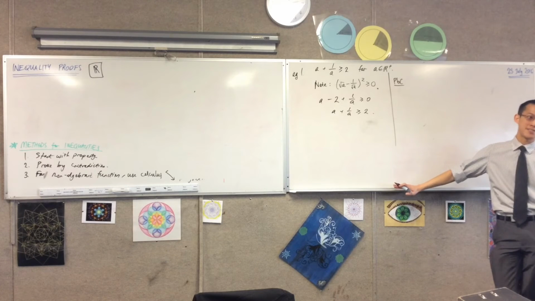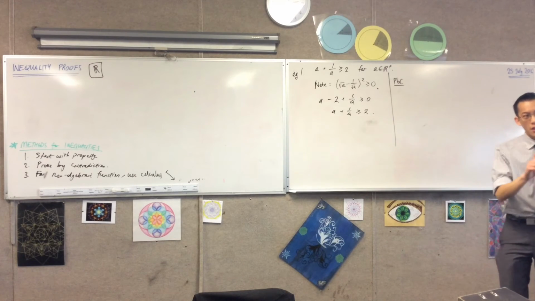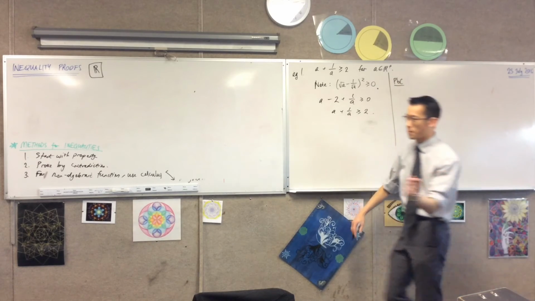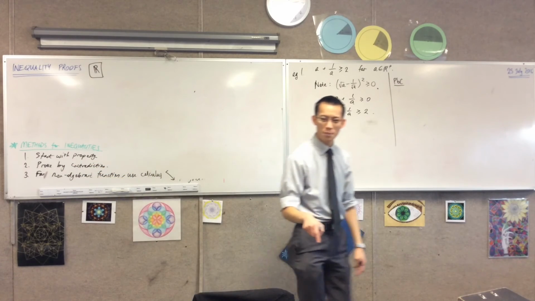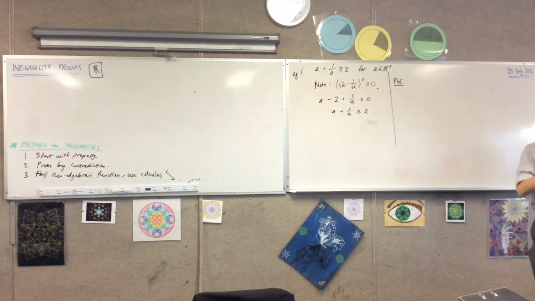Is 1.5 even or odd? It's neither of them. So you've got to be careful. You can actually do those, but they're not called proof by contradiction. They're called proof by contrapositive. You can go look it up if you're really curious about it.